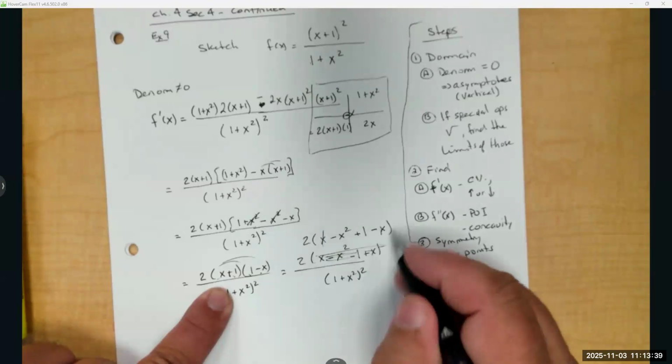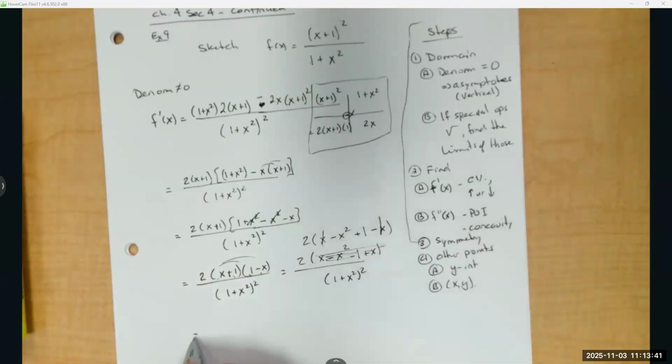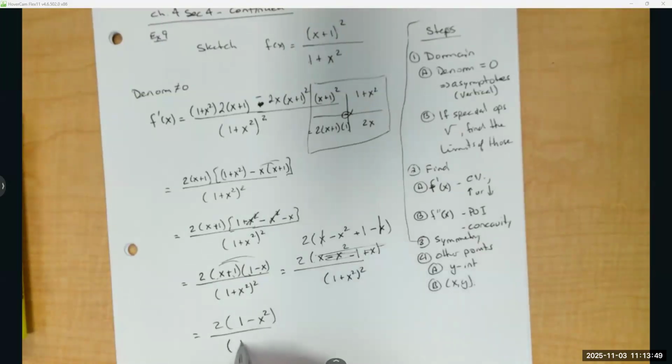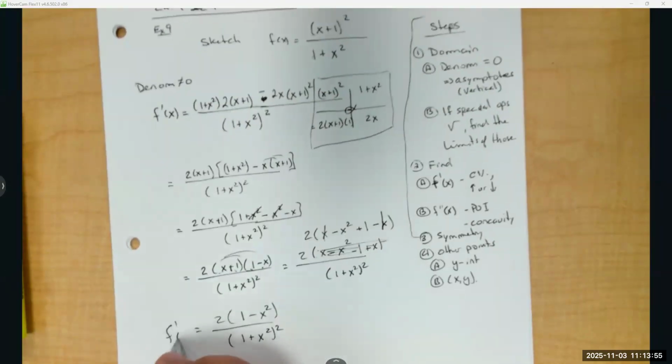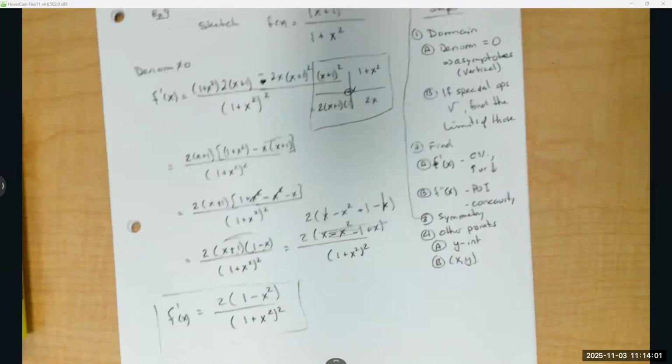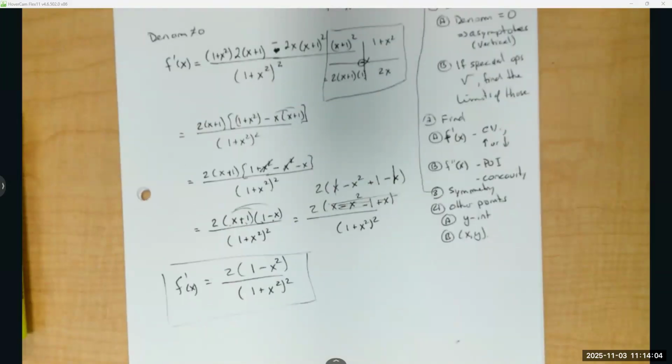So the x's cancel. 1 minus x squared, rewrite down, over 1 plus x squared squared. Good catch. Thank you so very much. That would have hurt if I kept on going.